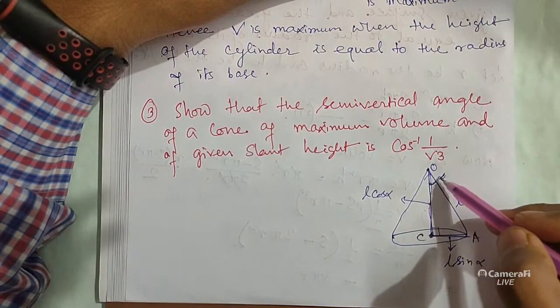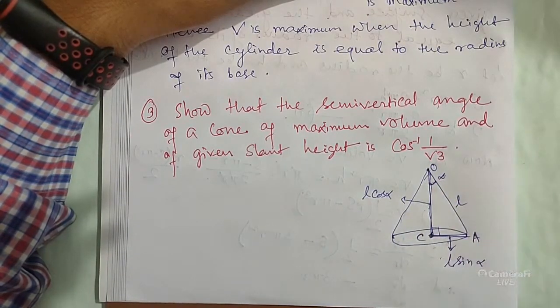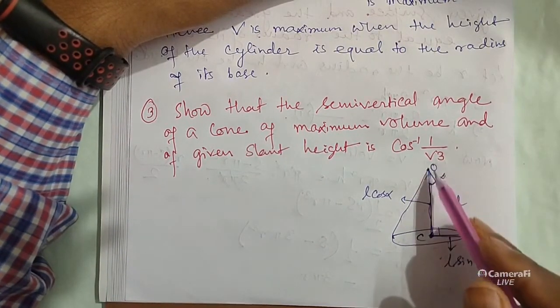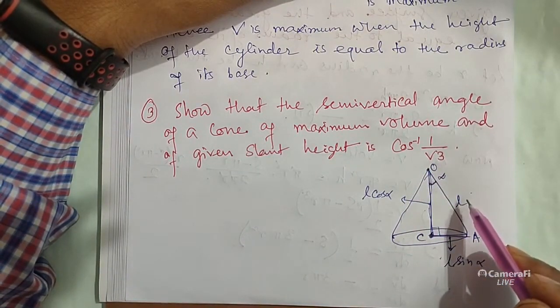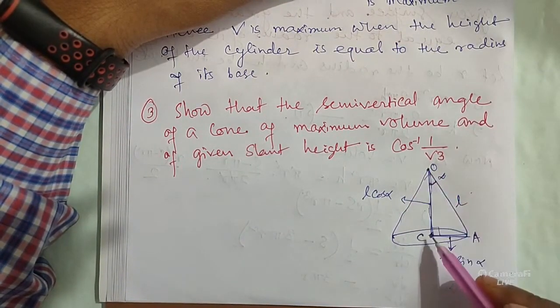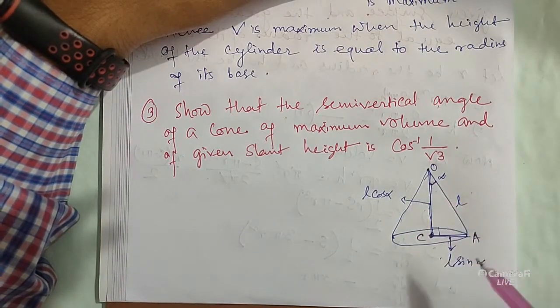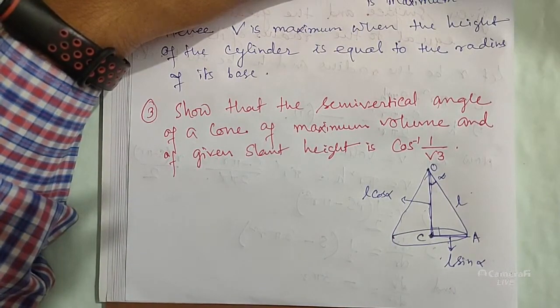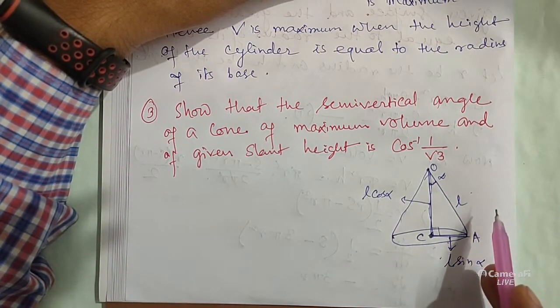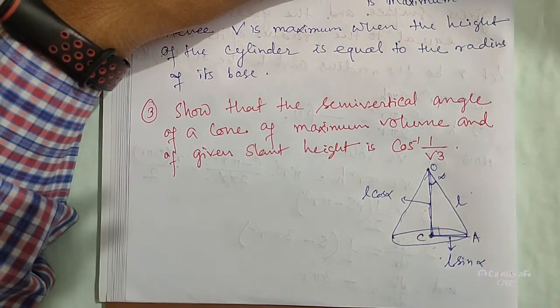Why? We know that cos alpha equals base by hypotenuse, that is this by L. So cos alpha equals this OC by L. So what will be the value of OC? OC equals L cos alpha. Similarly, sin alpha equals perpendicular, that is AC by L. So the value of AC equals L sin alpha.